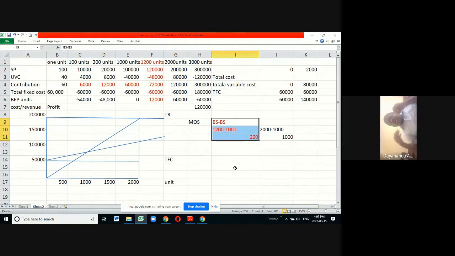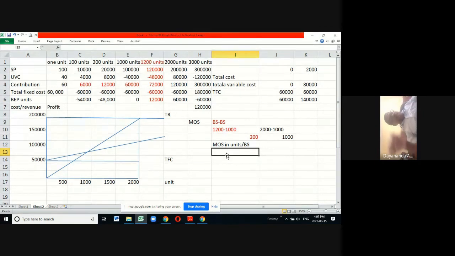But you can express the margin of safety as a percentage also, even if it is not in the slide presentation. But how do you calculate the margin of safety in percentage? That is MOS, margin of safety in units, divided by budgeted sales, BS. What is our case here?